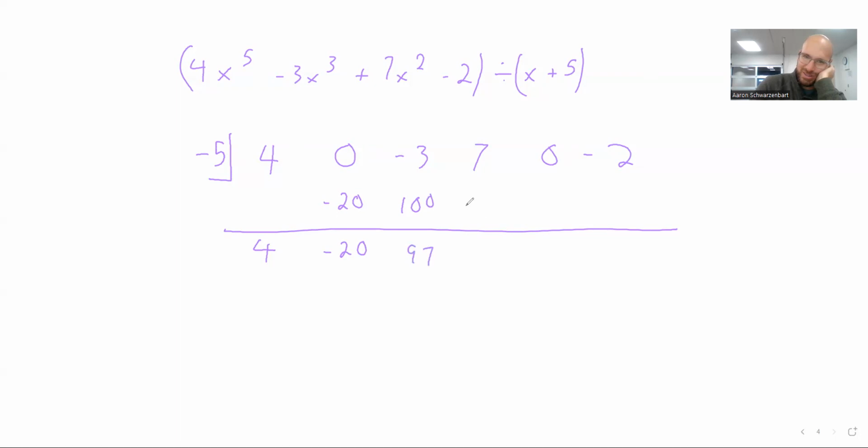97. Negative 5 times 97. This is 485. That's negative. Minus 7 plus negative 485 is negative 478. Now I need a calculator. These, if they're not careful, get real big real fast.